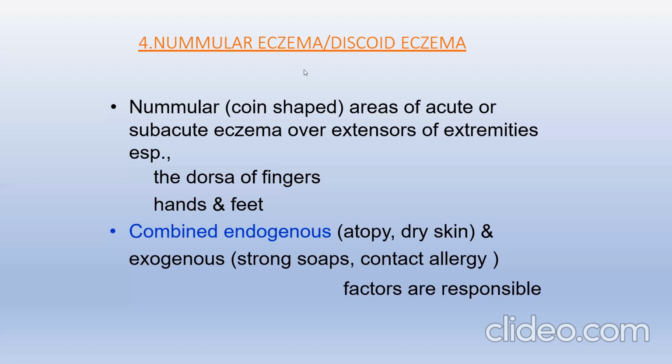Next type is nummular eczema or discoid eczema. Nummular means coin shaped. The nummular areas of acute or subacute eczema occur over the extensors of extremities, especially dorsa of fingers, hands and feet. So it is the combined type, endogenous and exogenous.